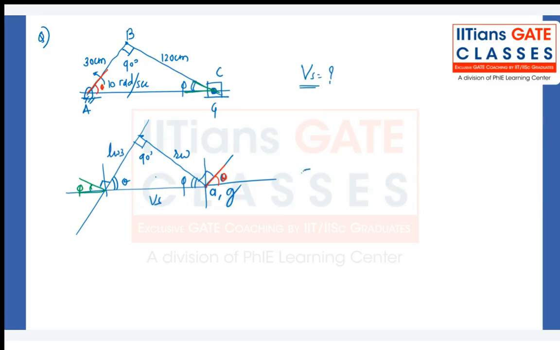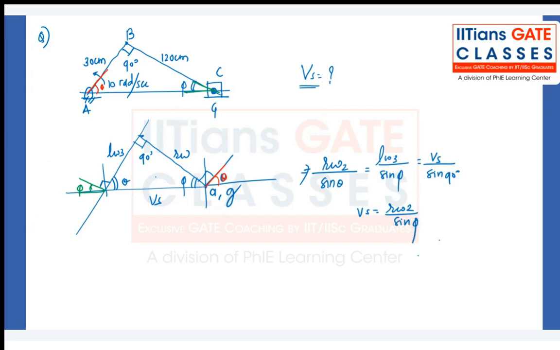So I can say by using sine rule, r omega 2 divided by sine of theta has to be equal to L omega 3 divided by sine of phi, is equal to velocity of slider divided by sine 90 degree, which is 1. So velocity of slider is equal to r omega 2 divided by sine of phi, we can say.